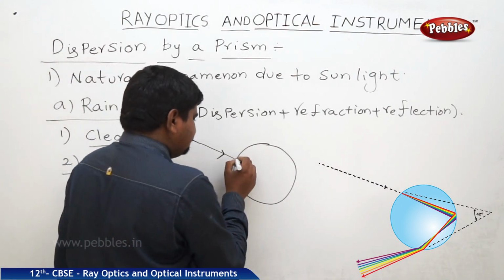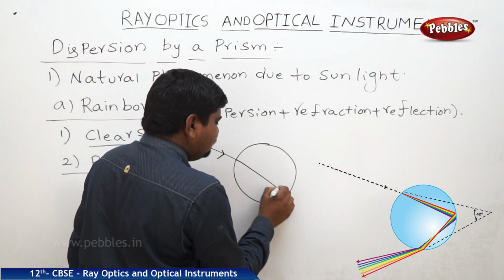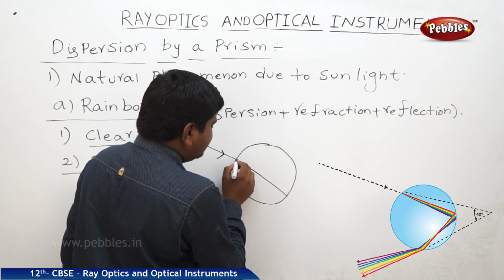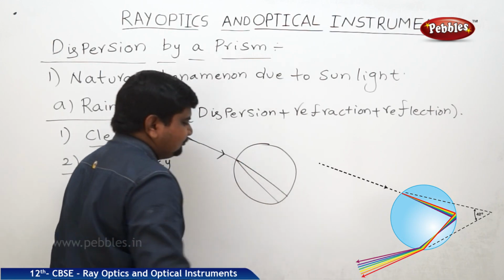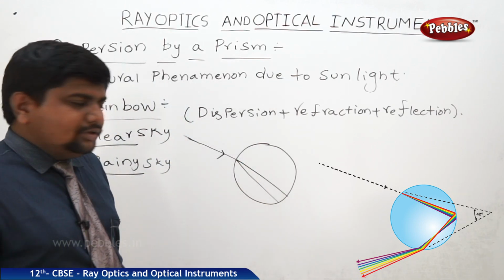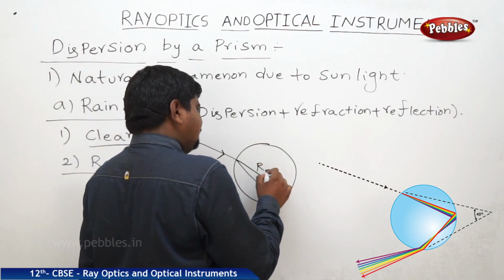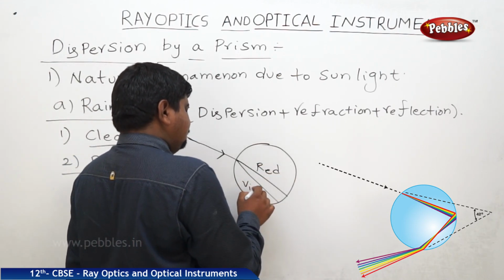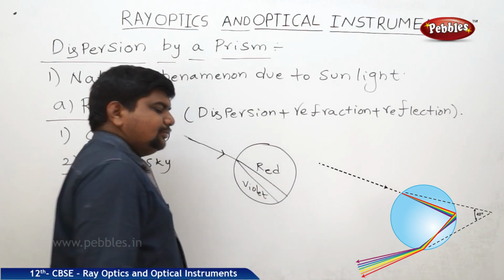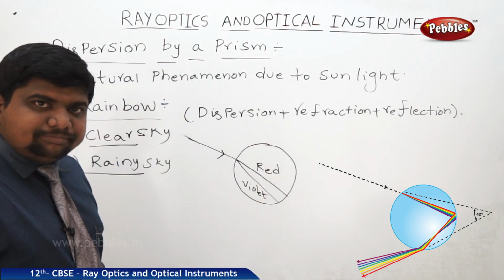So one color will refract like this and another color will refract like this. Mostly red and violet we will see now. Violet to red is the order of the spectrum.